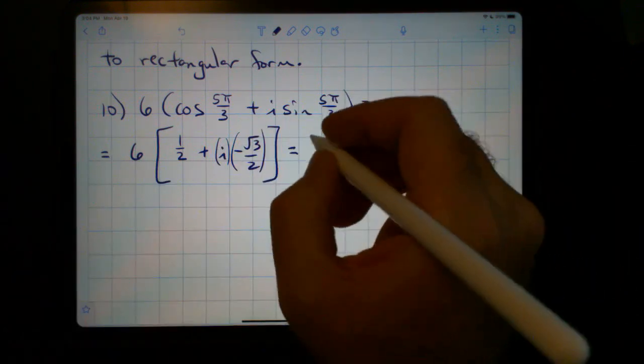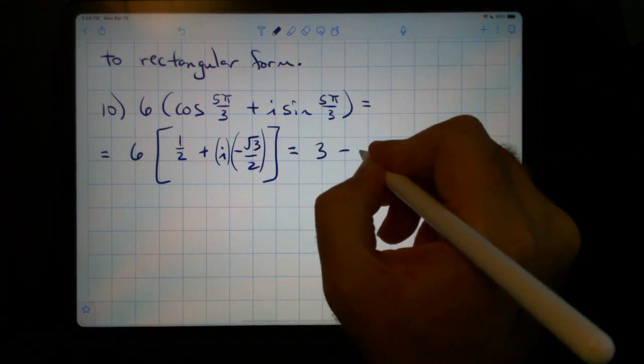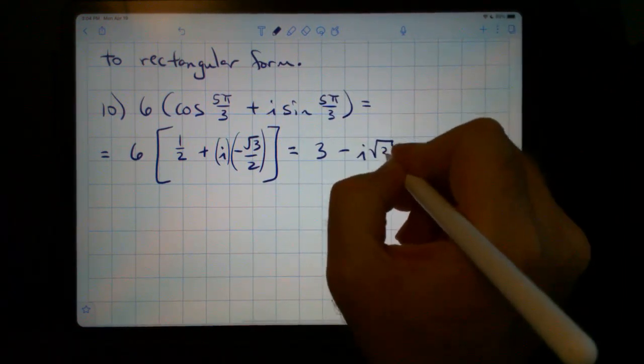So when I distribute the 6, I will have 3 minus i radical 3.